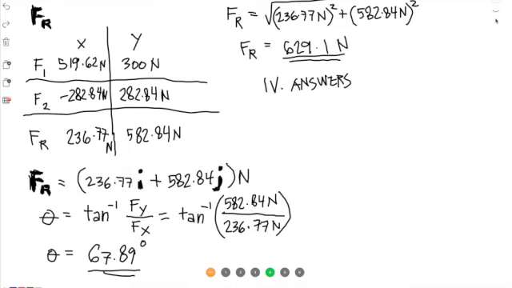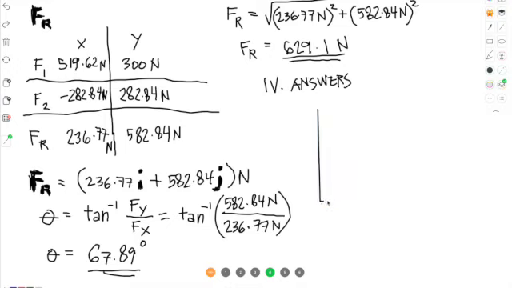So what we need is, since we see that both the components are positive, we will be drawing it only on the first quadrant.